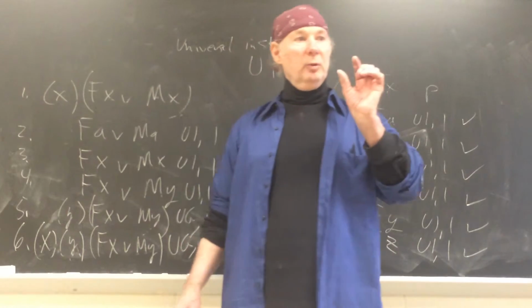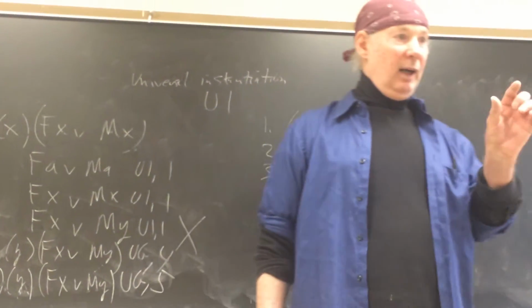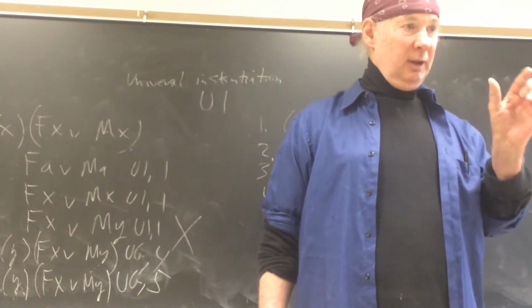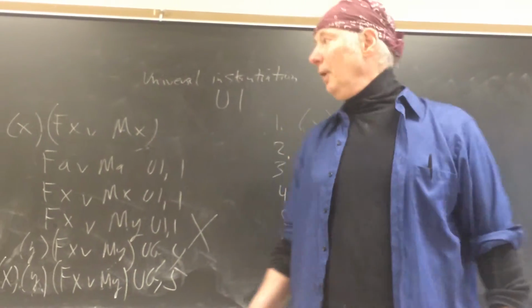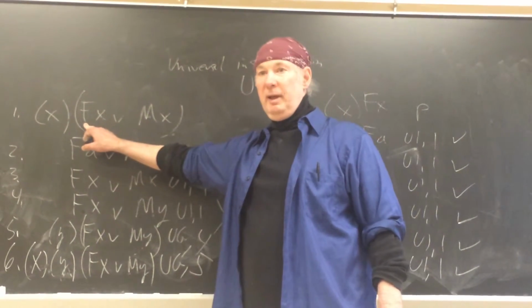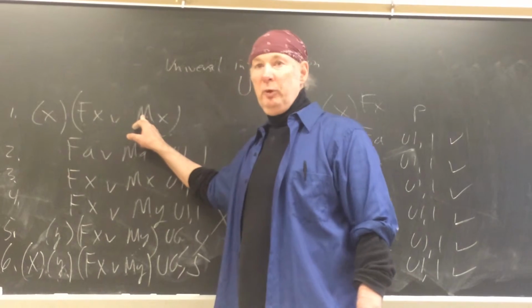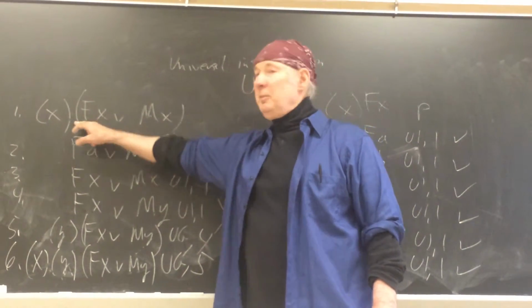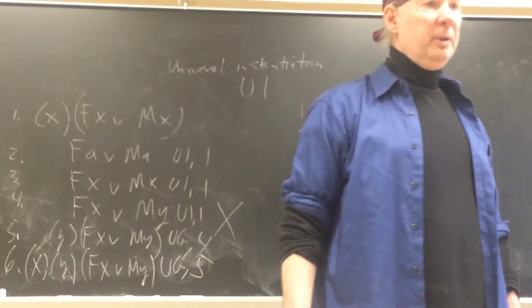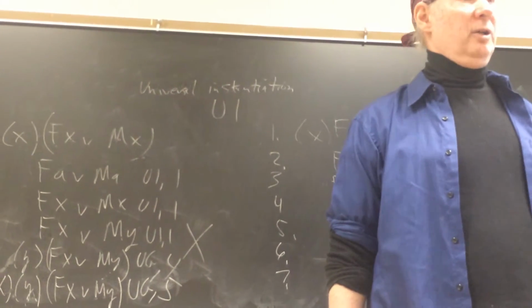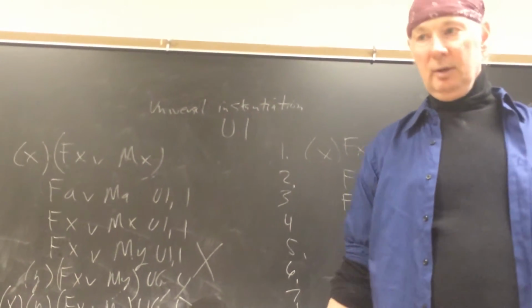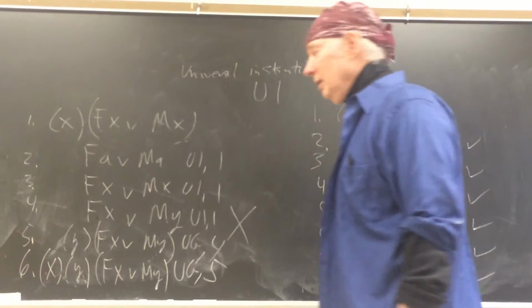Now let's restrict the objects to be people in this room. And the property F will be female, and the property M will be male. So premise 1 says, all the people in this room are either males or females. Fine, that's true.